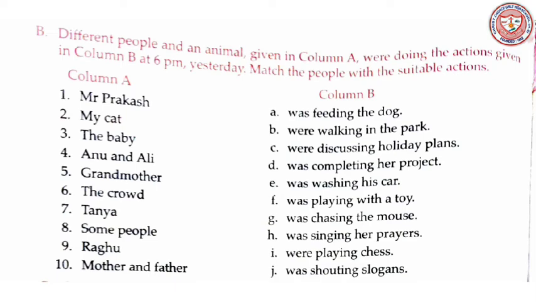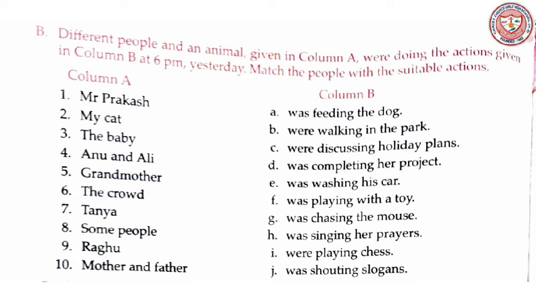It's an interesting one. So number 1, Mr. Prakash. You can match it with E, that is, was washing his car. Mr. Prakash was washing his car at 6 p.m. yesterday. Okay.